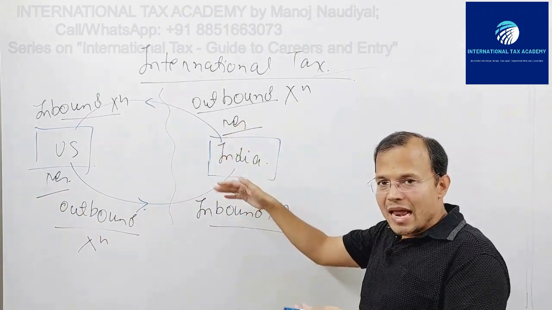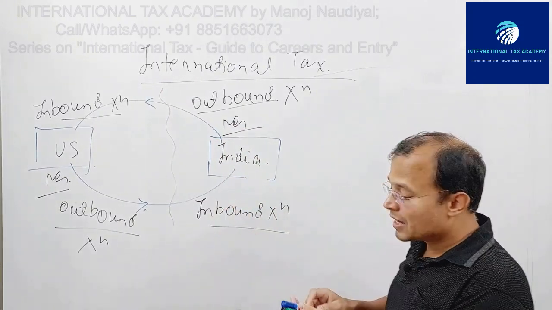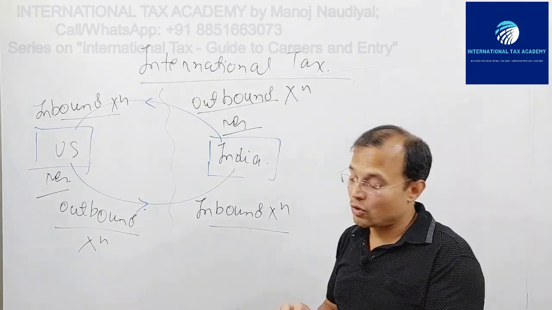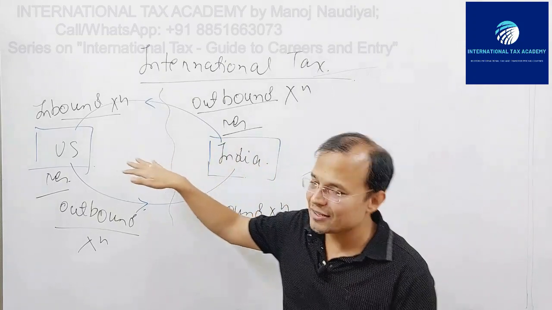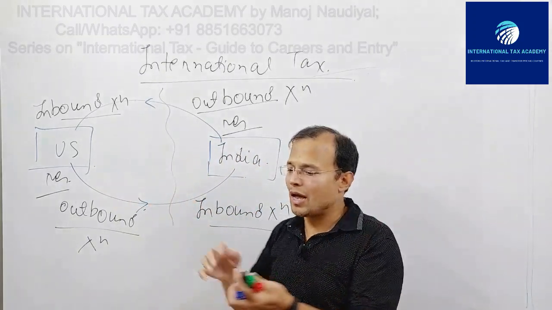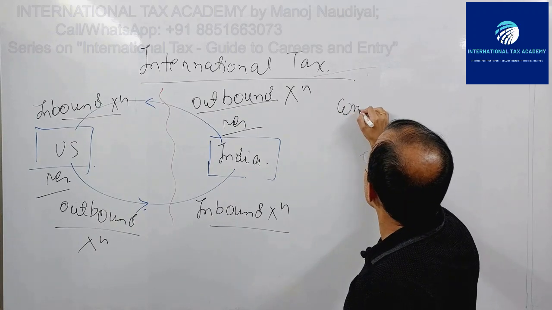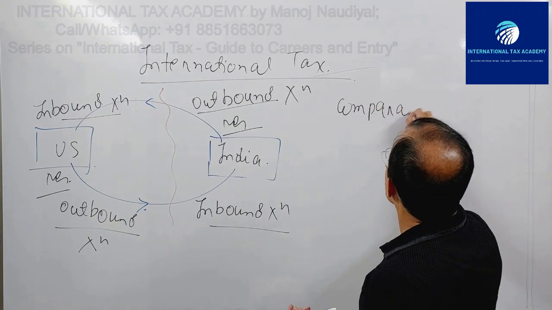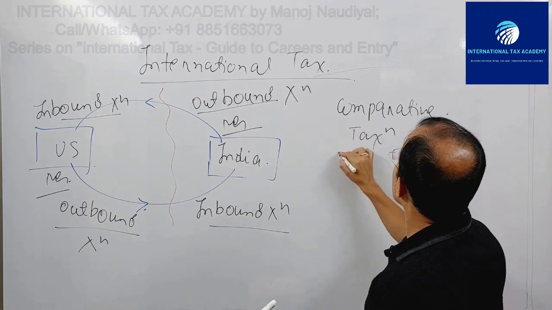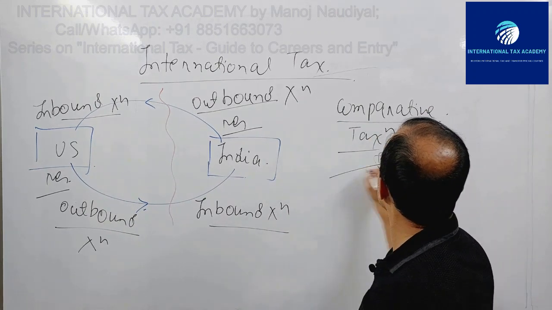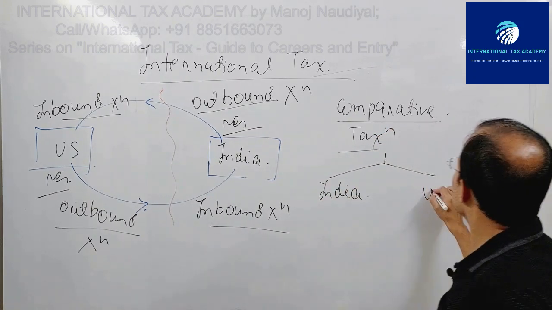Now, this directly leads you to the second aspect of international tax, that is comparative tax law. Because when you're talking about the Indian taxation system as well as the US taxation system, you can simply draw a table and write comparative taxation or tax laws, with India as well as the US.